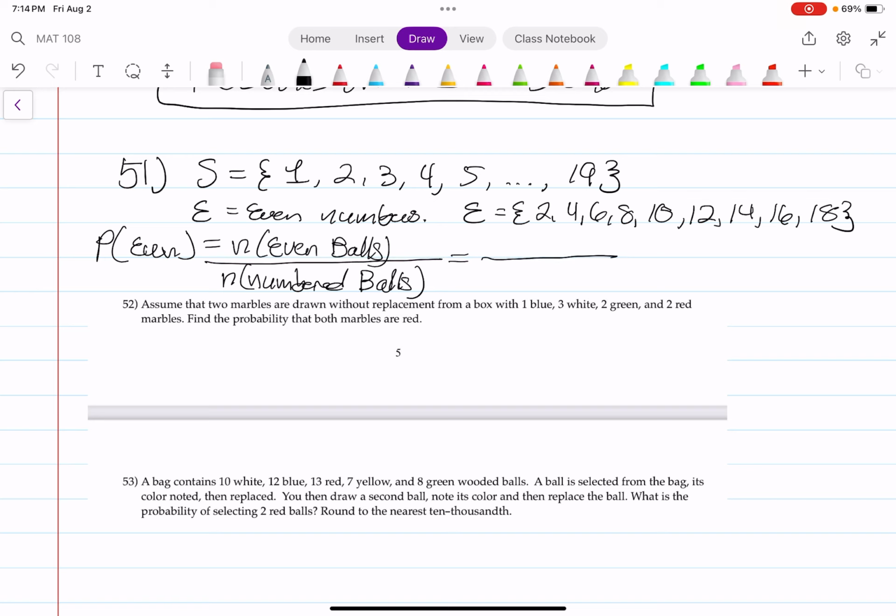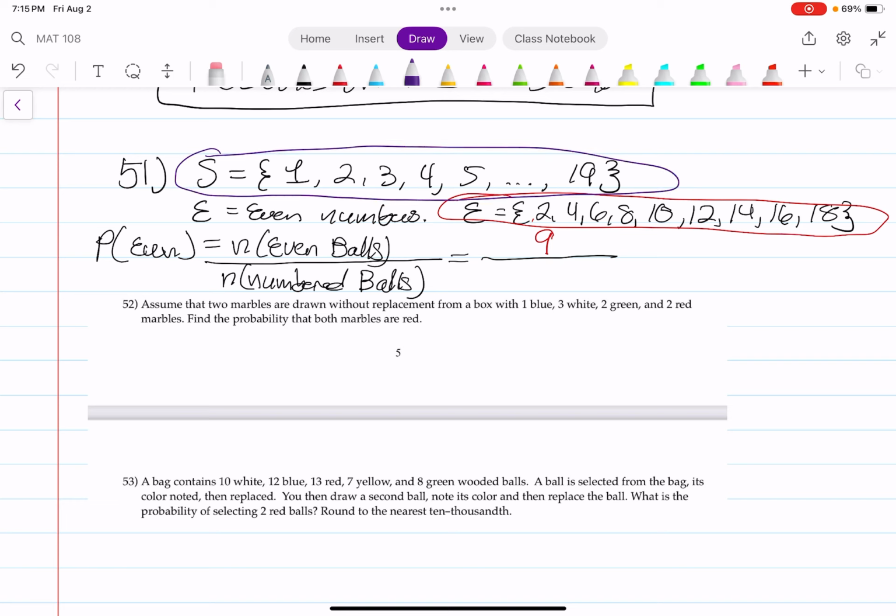When you count the number of even balls in the set, you have 9. Once again, if you count all the numbers in this set up here, that is 9 values. So let's put that in red. Divided by the number of numbered balls, that is 19. So the probability of choosing an even numbered ball is 9 out of 19.